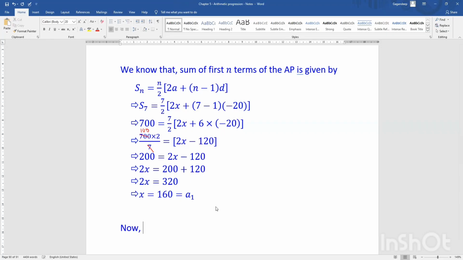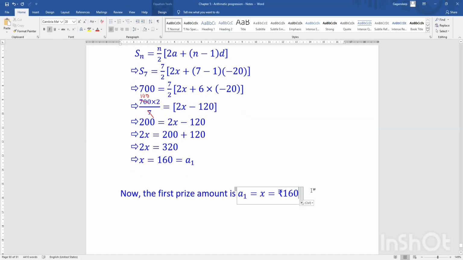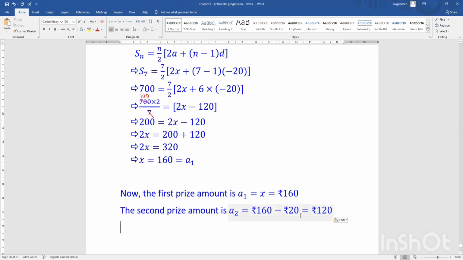Now the first prize amount equals a1, which is x, which is also equal to 160. The second prize amount is a2, which is 160 minus 20, which is 140.